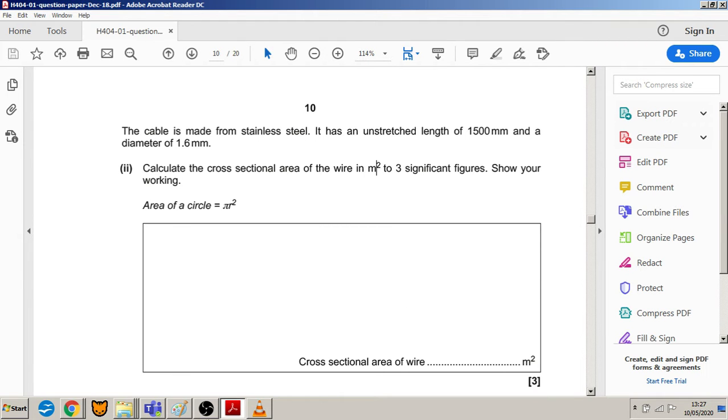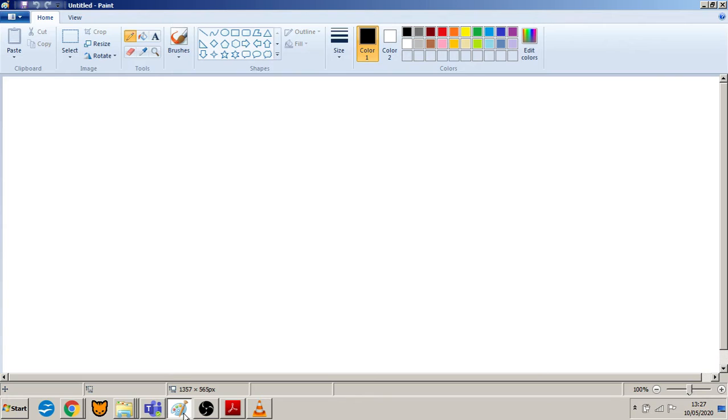Now it's important here, and a lot of students get this wrong, to understand the difference between millimeters cubed and millimeters, for example, or meters squared and centimeters or million meters squared.